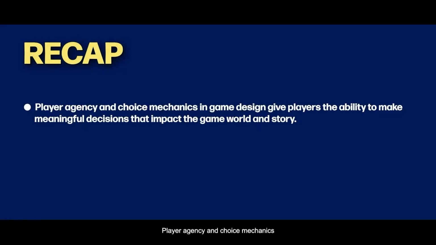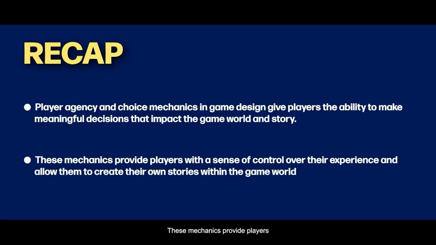Player agency and choice mechanics in game design give players the ability to make meaningful decisions that impact the game world and story. These mechanics provide players with a sense of control over their experience and allow them to create their own stories within the game world.